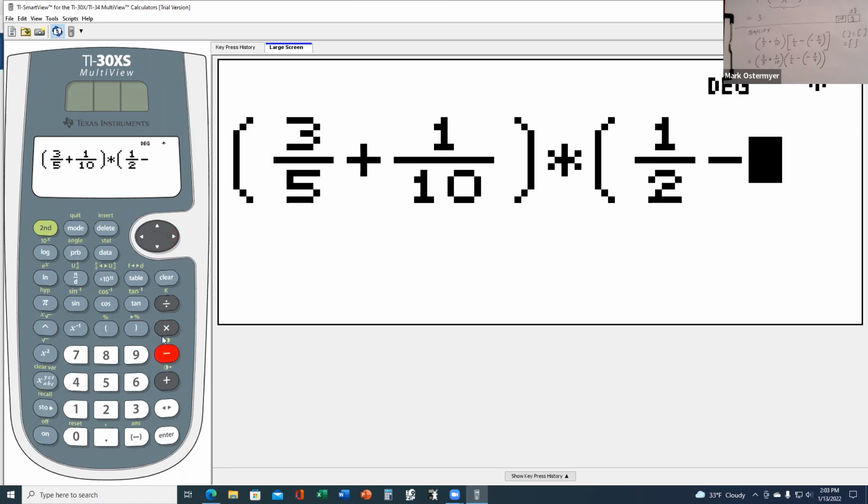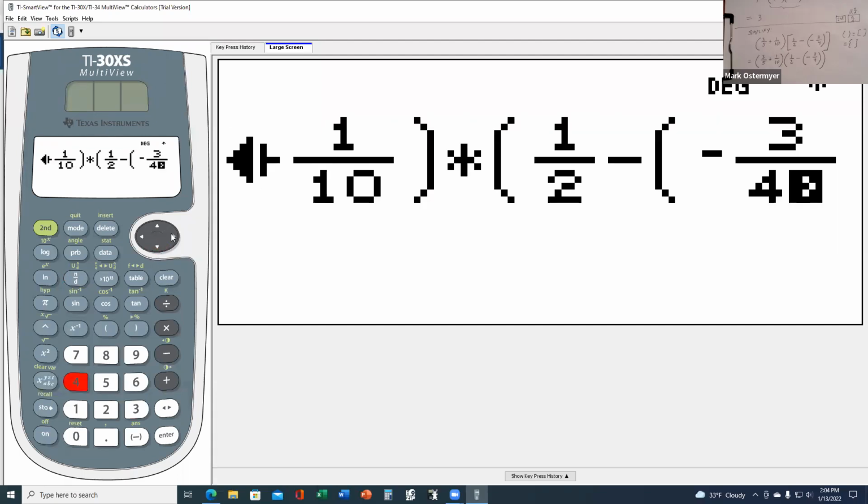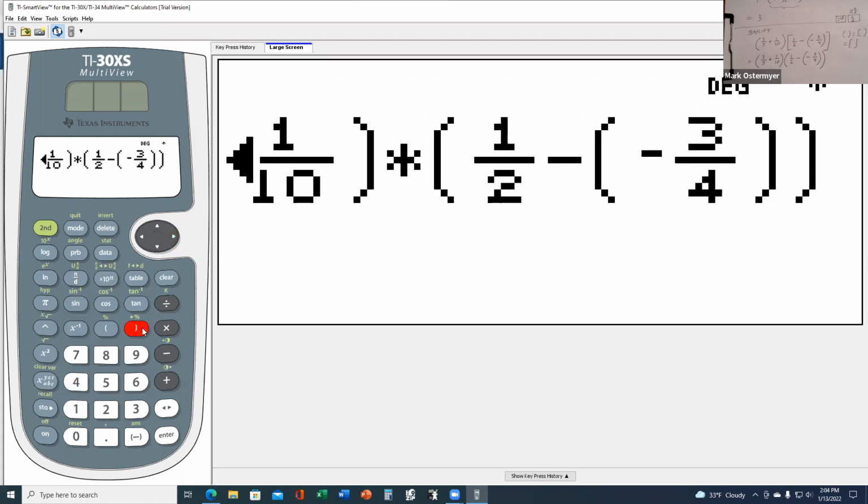Subtract, open parenthesis, -3/4. So now we hit our negative button at the bottom of our keyboard, -3/4. Negative, and then the fraction button, and then 3/4. Right arrow key, closed parenthesis, and then another closed parenthesis.